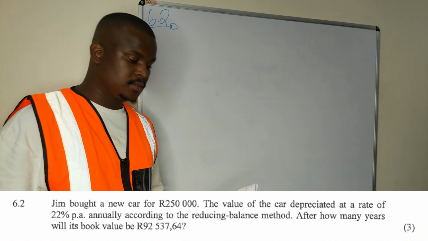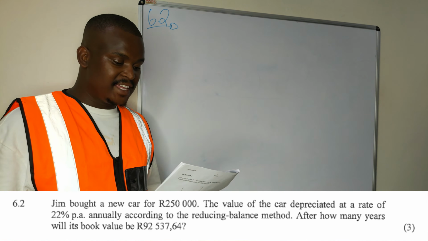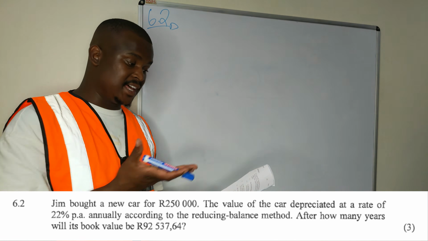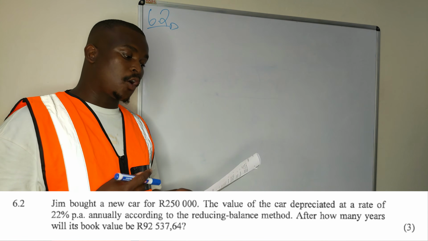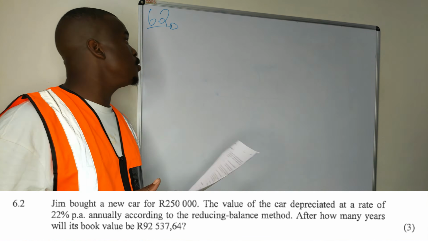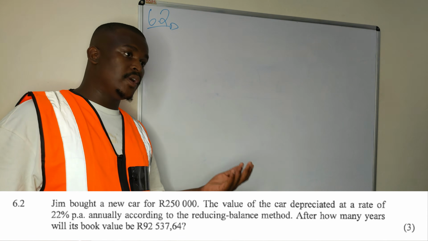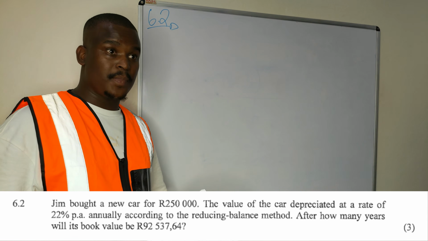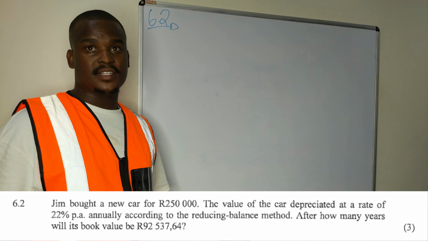This guy bought this car and it depreciated at the rate we're given, according to the reducing balance method. There are two ways in which this can depreciate: the reducing balance method and the straight line basis.